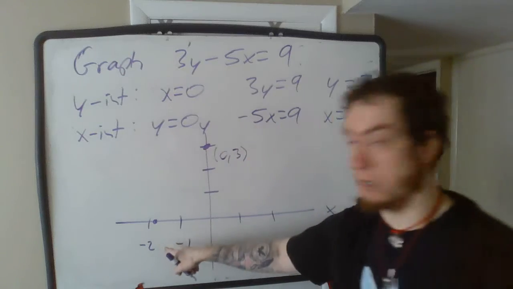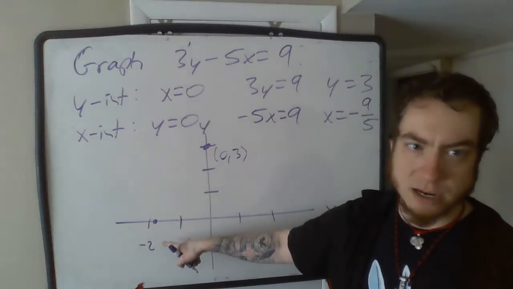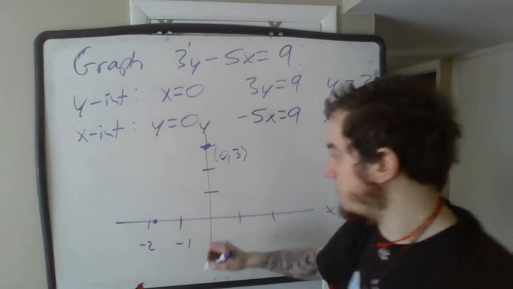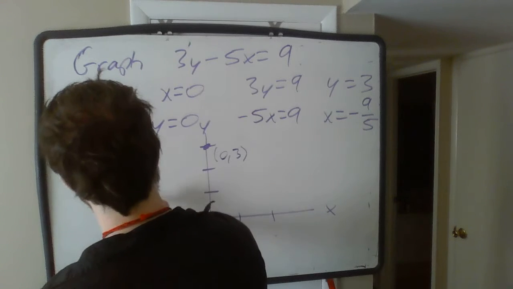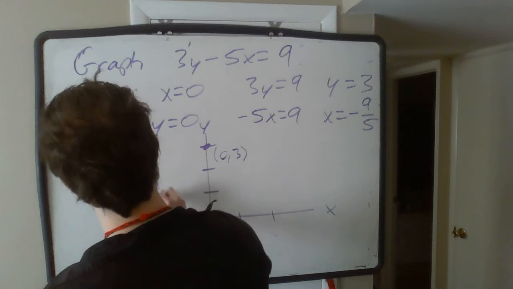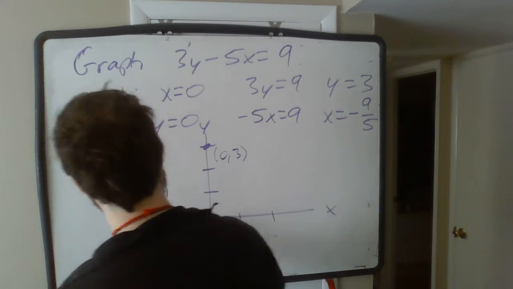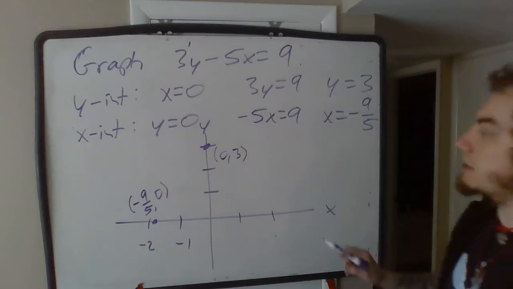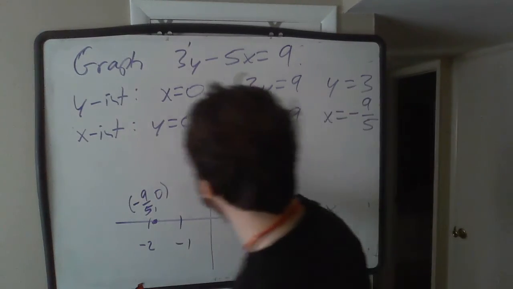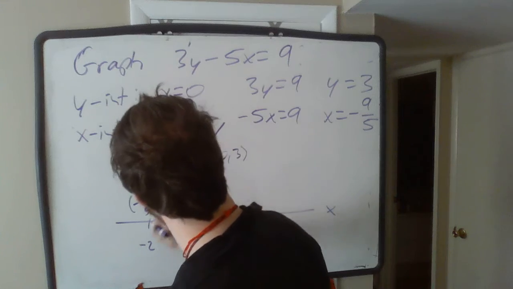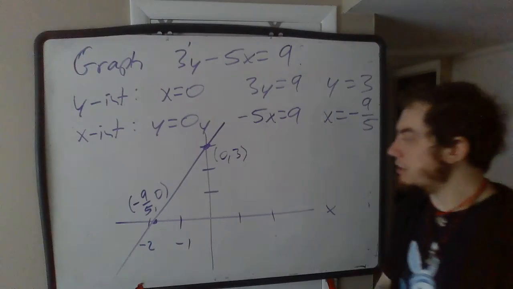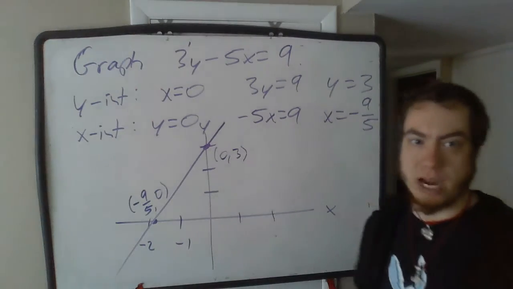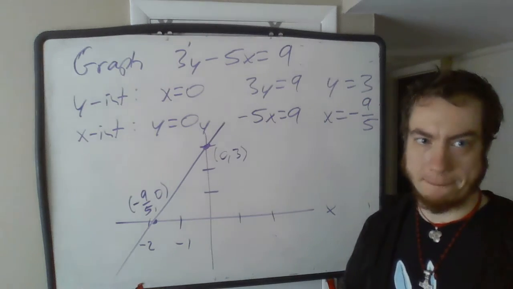Negative 9/5 lies over here. It's near negative 2, but it isn't quite at negative 2. So this is the point (negative 9/5, 0). And now I know that this line goes through those 2 points, but I also know it is just a straight line. So I just have to put a straight line through those 2 points.